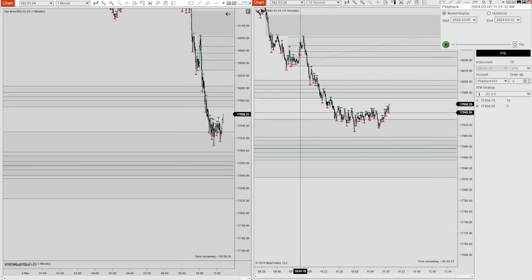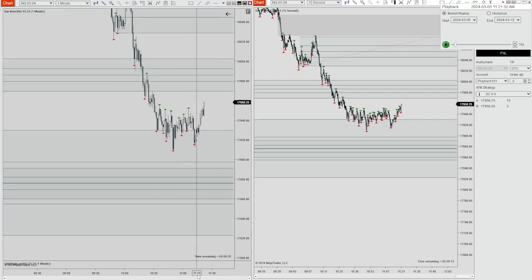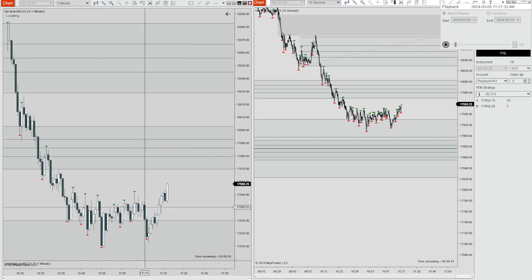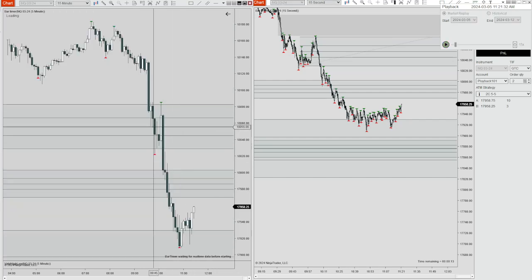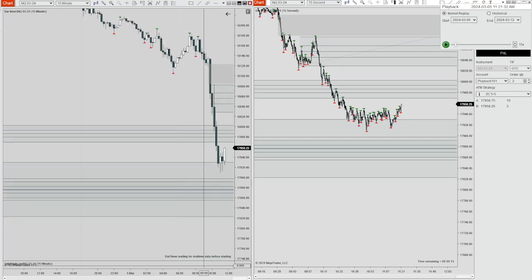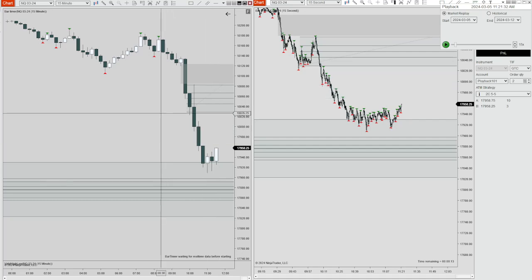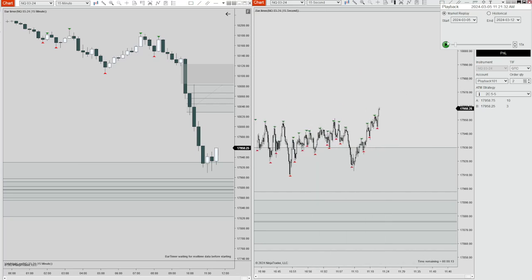So my short-term bias can now start potentially looking for longs. 5 minute, we got a value low. Had a value low put in here. 15 minute, don't quite have a 15 minute value low yet, but we do have a flip on the 1 minute.